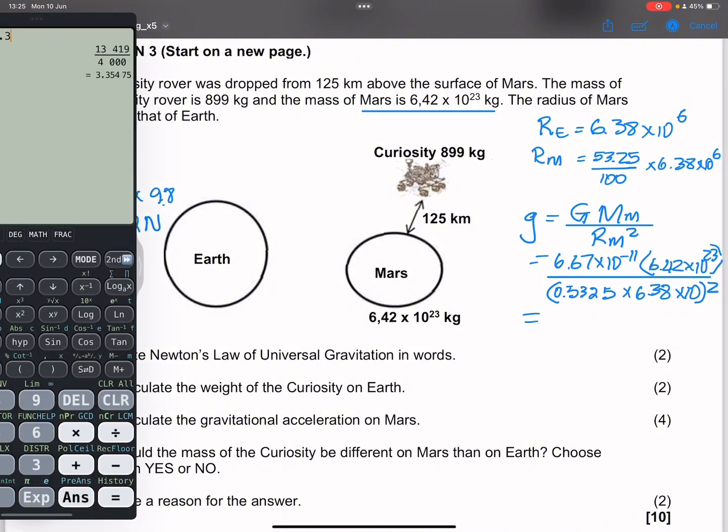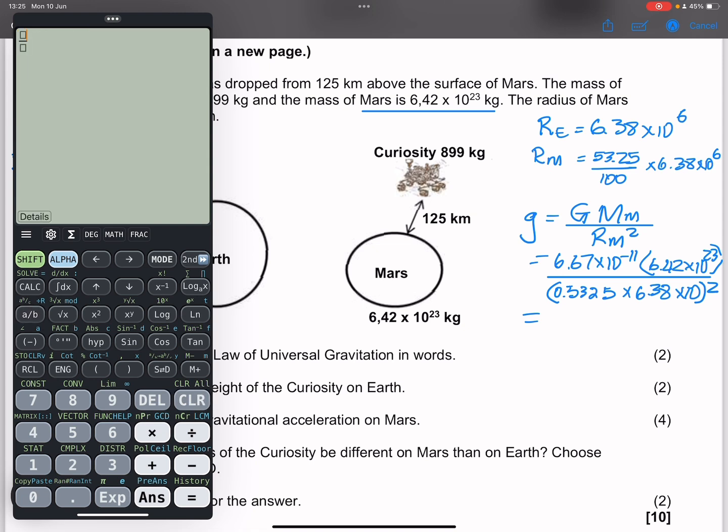So I'm going to use my calculator there. So that's 6.67 exponent minus 11, multiplied by 6.42 exponent 23, and this is divided by 0.5325 multiplied by 6.38 exponent 6, and remember we square that value.